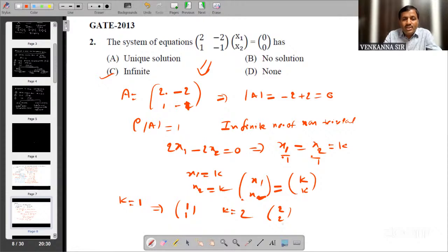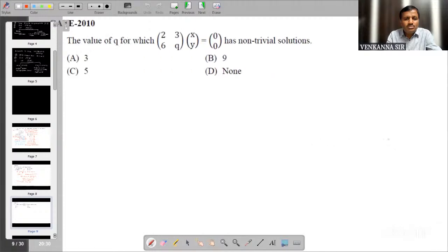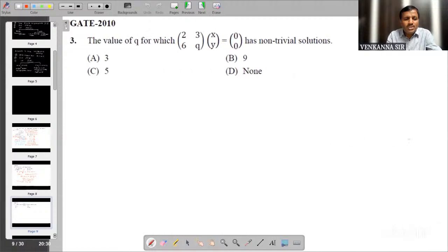Coming to our next question here. The value of q for which the system with matrix 2 3, 6 q, acting on (x, y), equal to (0, 0) has a non-trivial solution.